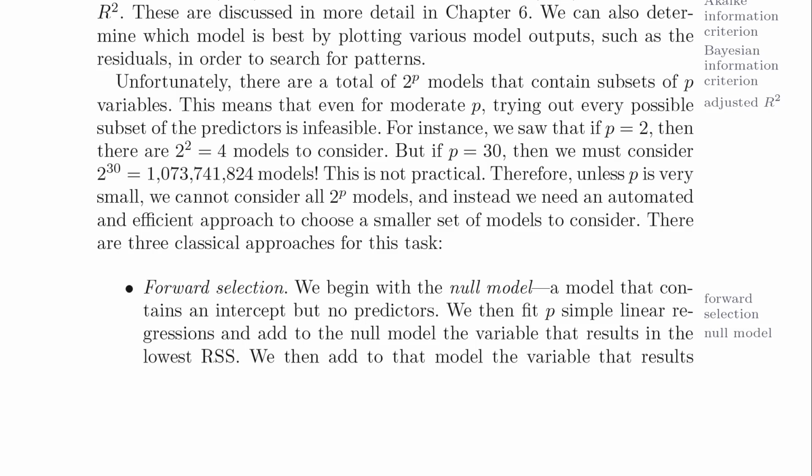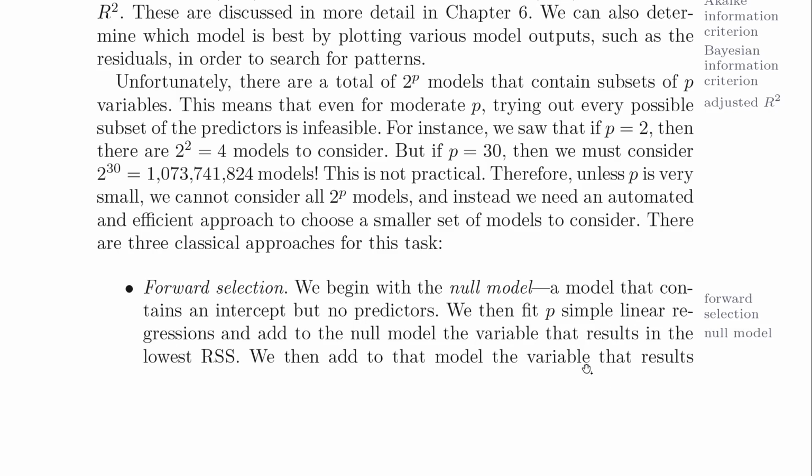There are 3 classical approaches. There's forward selection. So you start with a null model. Apparently, it's a model that contains an intercept but no predictors. We then fit p simple linear regressions, interesting, and add to the null model the variable that results in the lowest RSS.